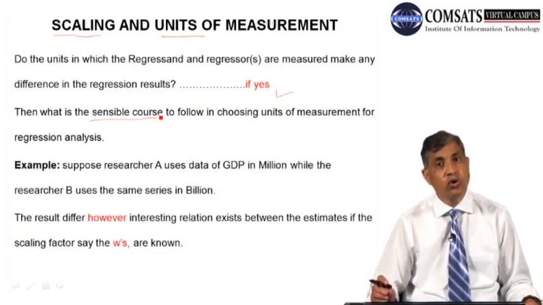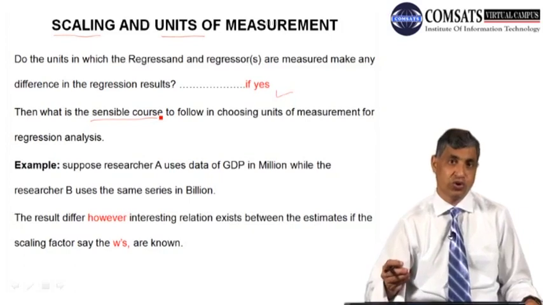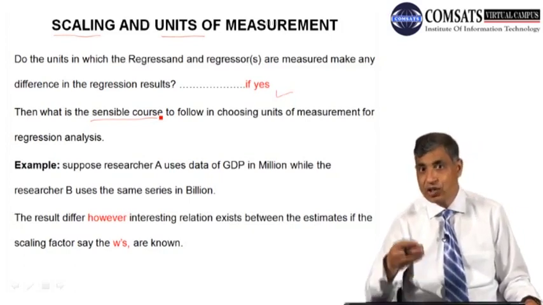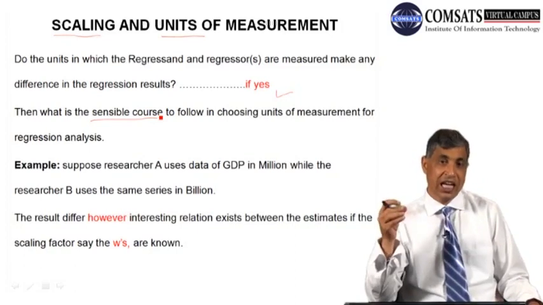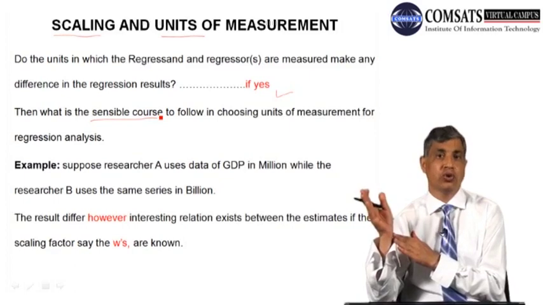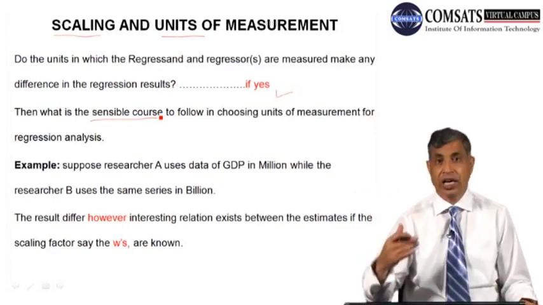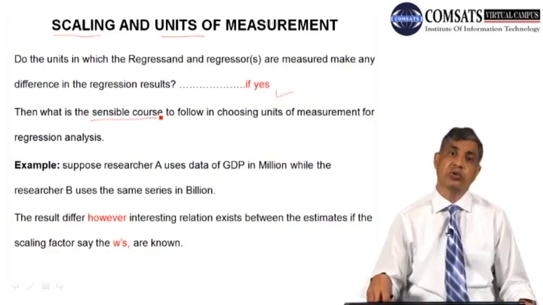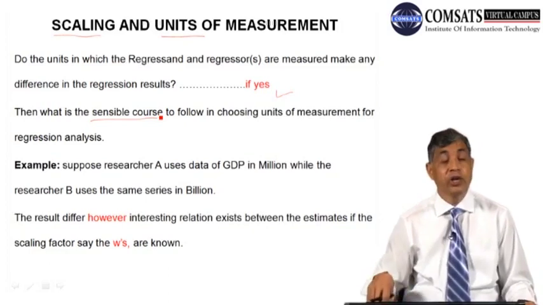There is no compulsion, and most of the time we avoid more zeros. It is just an intuition, a hint, that most of the time we should avoid many zeros. For example, if you are using million and there are 10 zeros, you can exclude 3 zeros by using billion, and further you can reduce the figure into trillion.